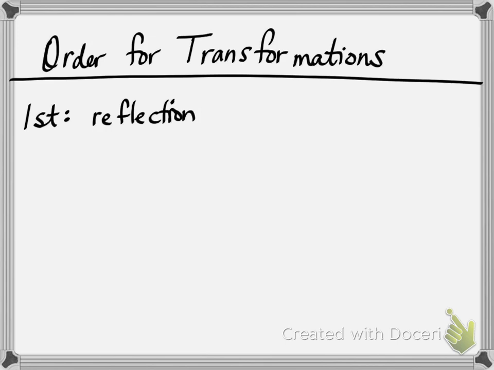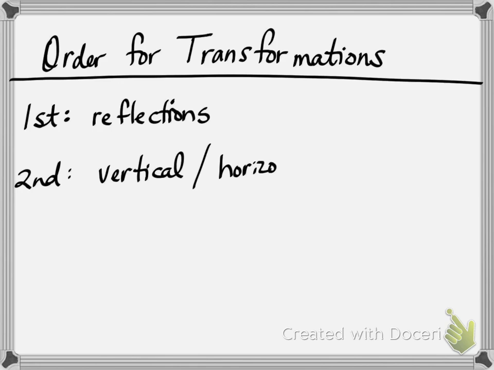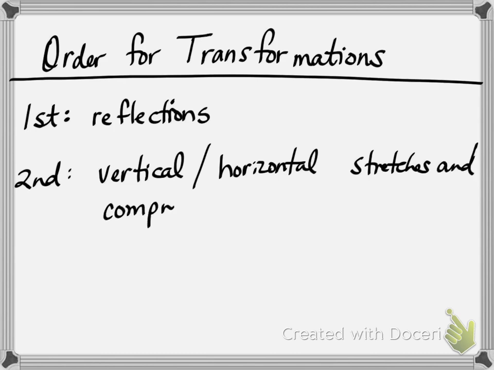So I'm going to say let's do our reflections first, and then let's do the vertical or the horizontal stretches and compressions. The lack of consensus is that these could actually interchange and it wouldn't affect it.